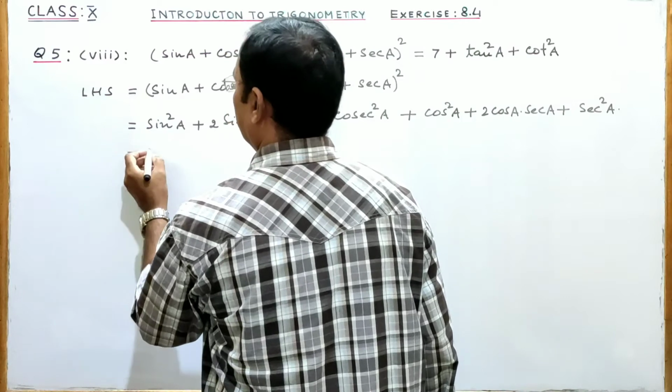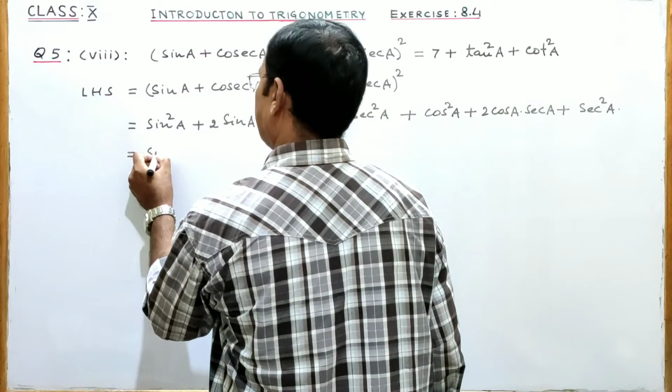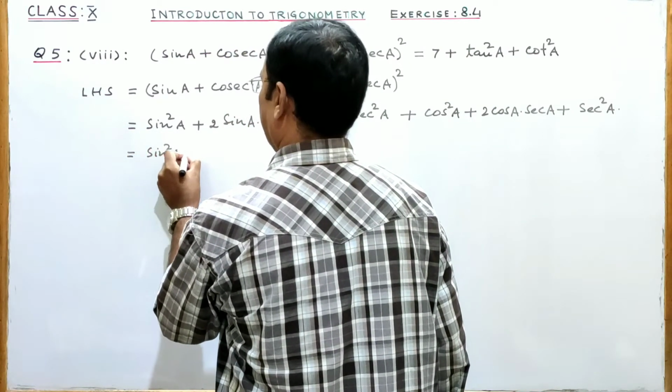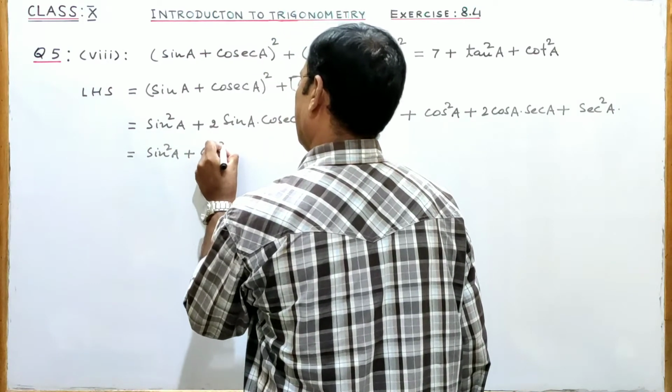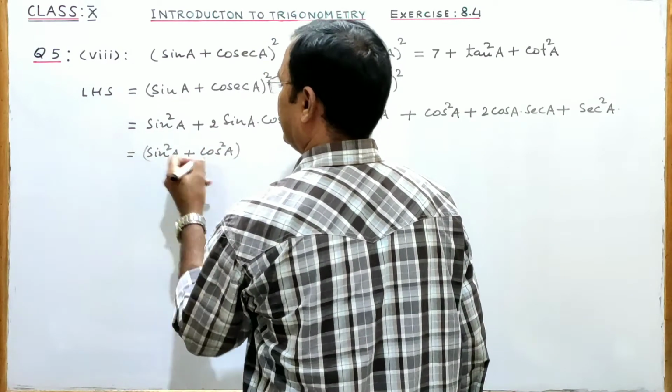This is equal to sin square A plus cos square A. Let us write together.